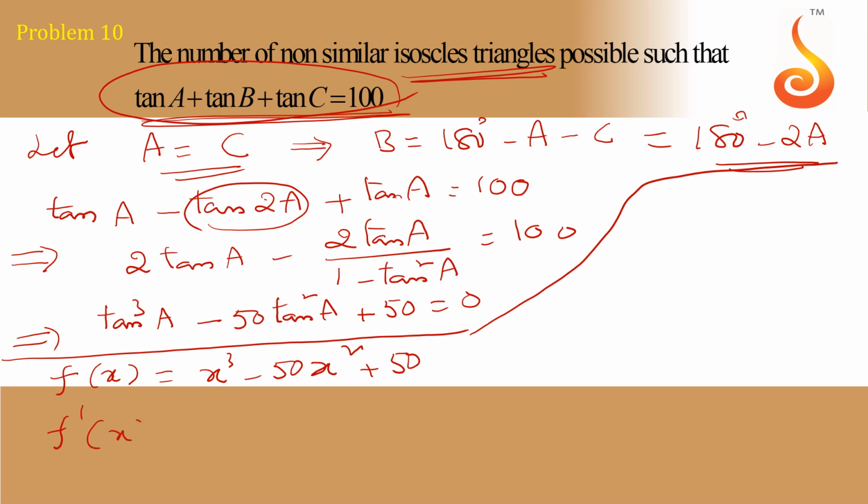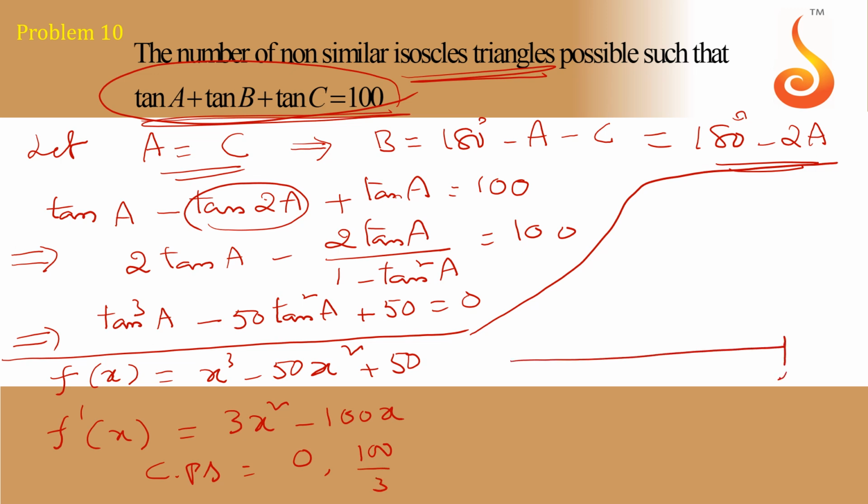So if we calculate f dash x, which will be 3x square minus 100x, the critical points we observe are 0 and 100 by 3. So if you take the number line, 0 and 100 by 3 are the critical values.